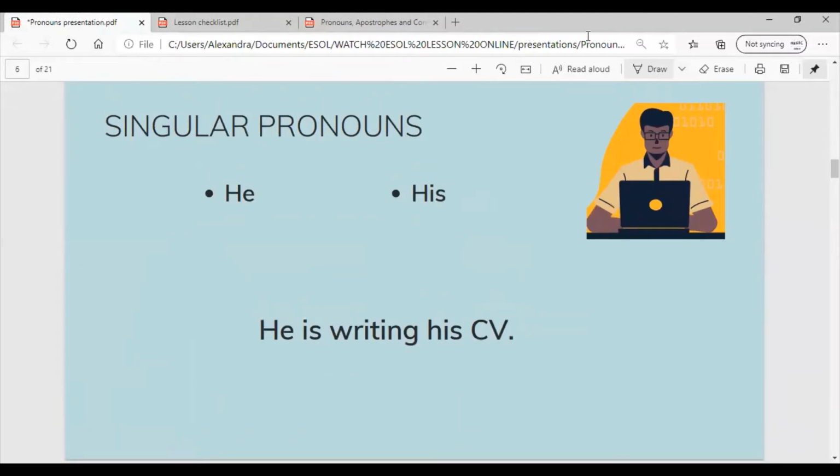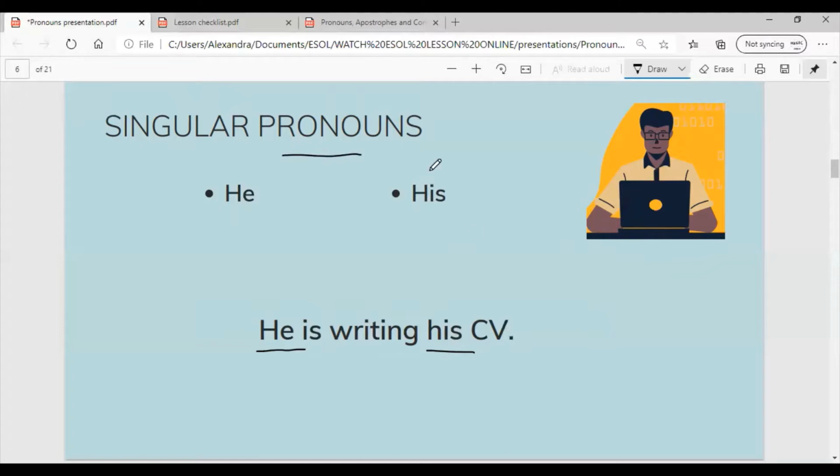The same goes for the singular pronouns he and his. We've got, he is writing his CV. So he and his are singular pronouns describing the man. He describes him as a person, so it lets us know that he's a man, and that's the pronoun.